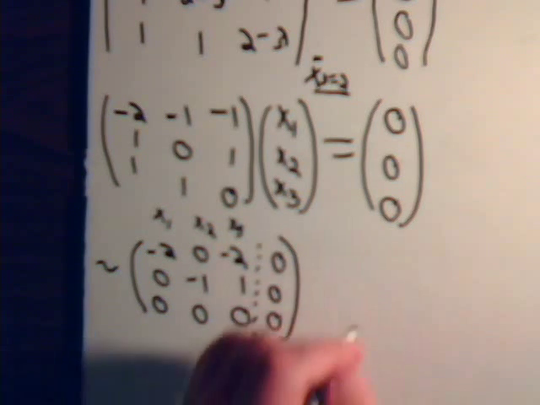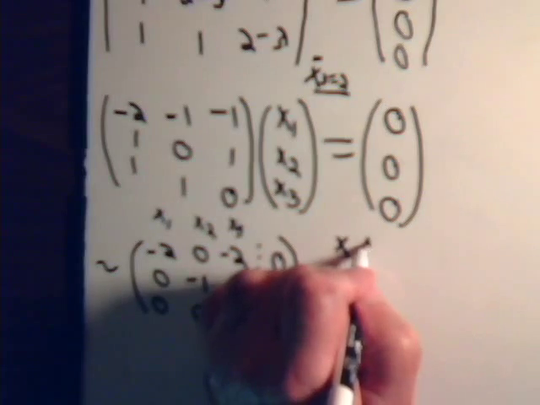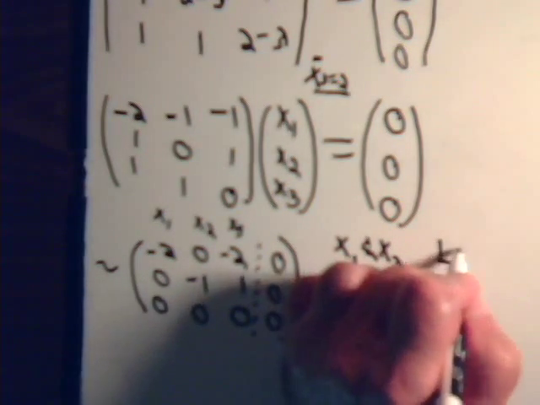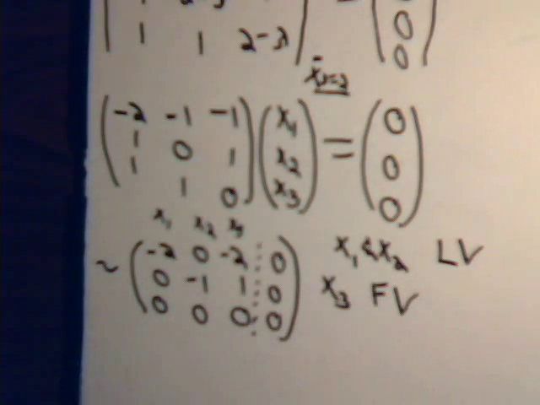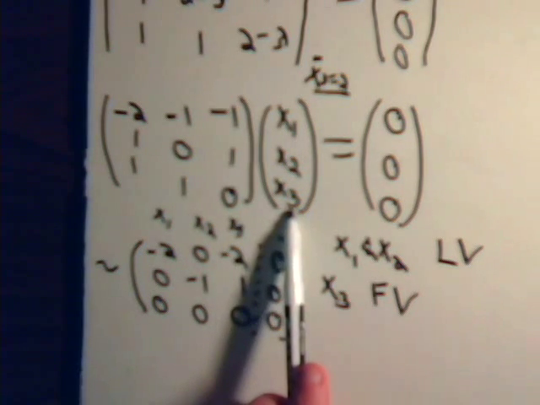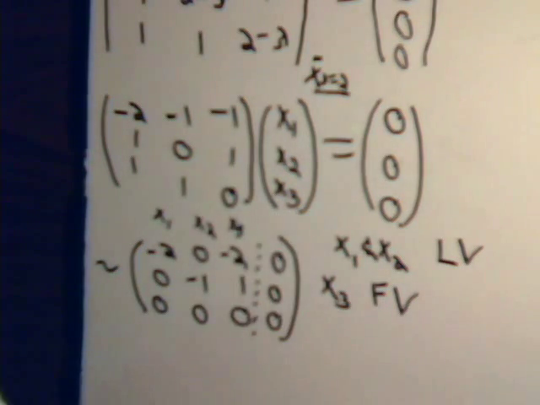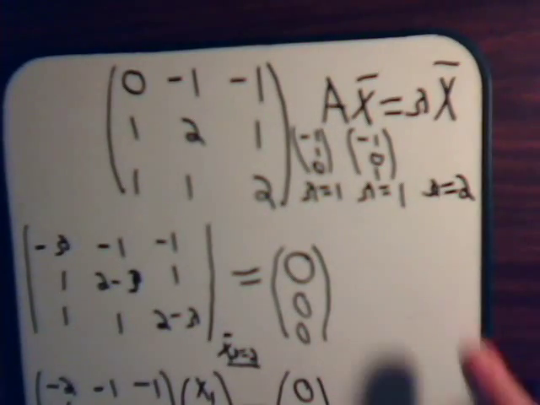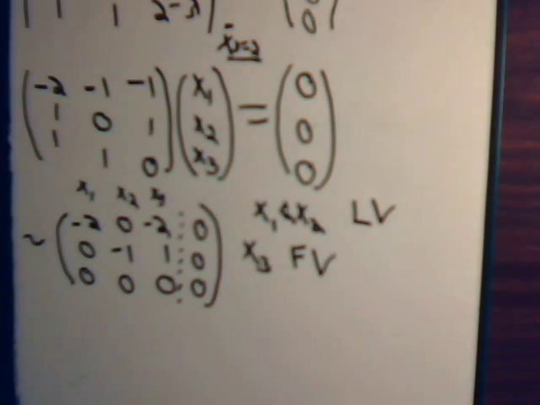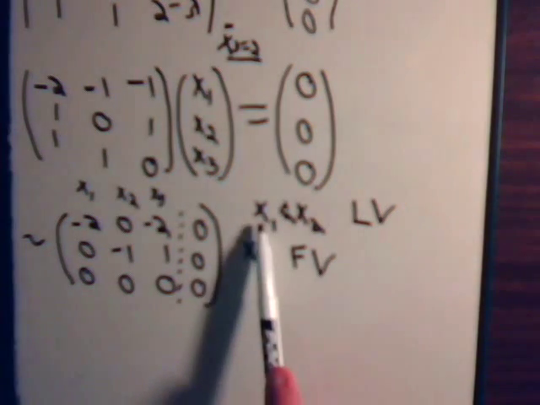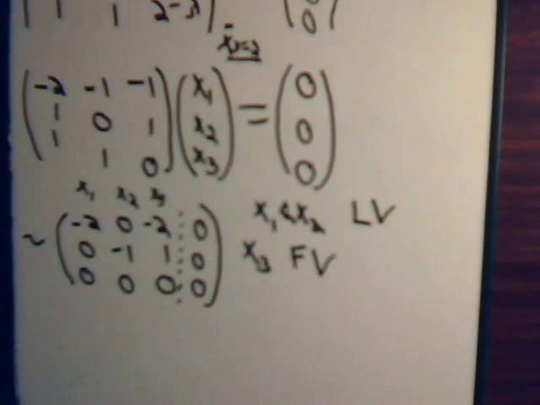So x1 and x2 are lead variables. x3 is the free variable. Only one free variable, so there's only going to be one linearly independent vector in this null space, meaning that for lambda equal 2, there's only going to be one eigenvector then. And again, what we always want to do is express the lead variables, x1 and x2, in terms of the free variable.